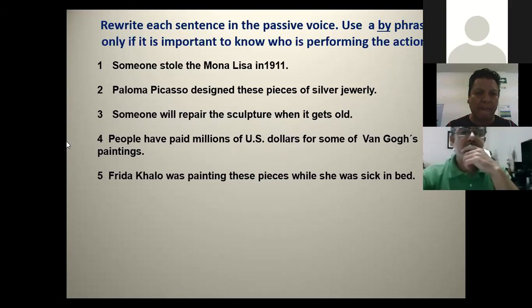Van Gogh's paintings were paid millions of US dollars. So people have paid millions of US dollars. How will it be in the past? Millions of US dollars.